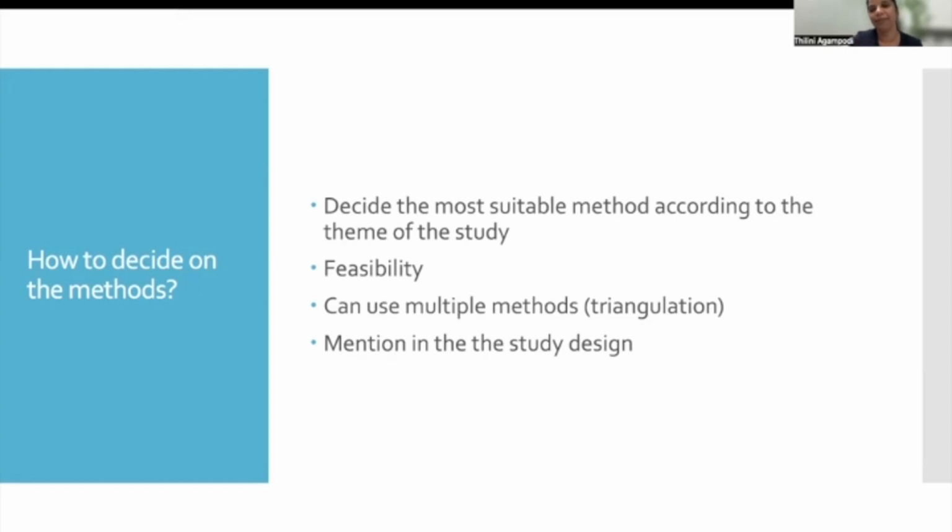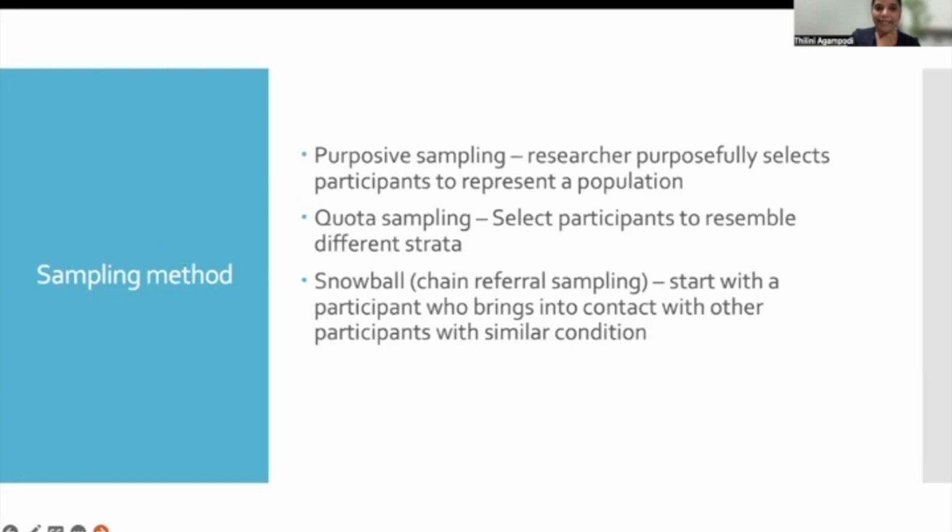In such situations, we do not mention the exact name of the particular village, right? Or maybe the particular district, right? So such ethical concerns are there when you are doing qualitative studies. Right. I hope you are clear up to now.